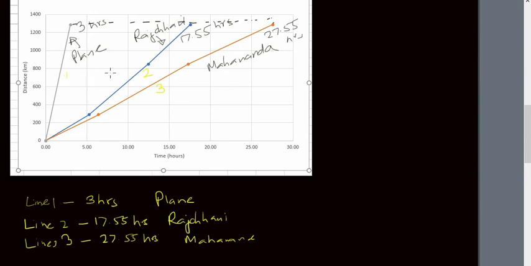So which one is faster? So we can say the plane is faster than Rajdhani, which is faster than Mahananda.